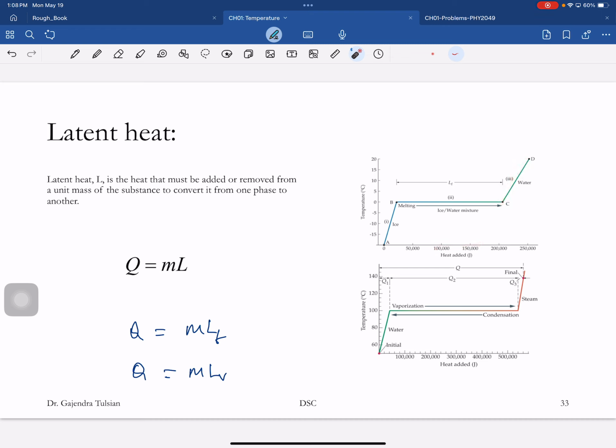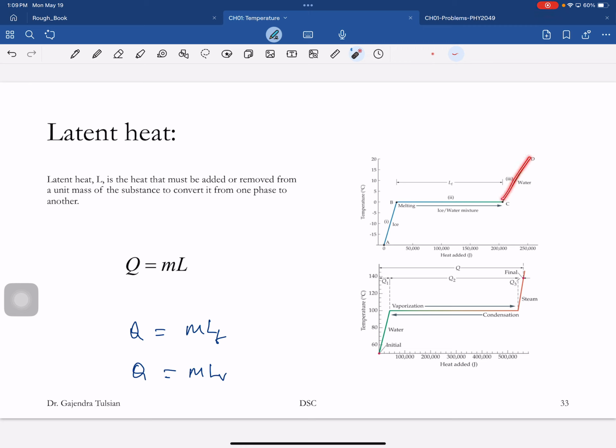So if you have an ice-water mixture and you add heat, it'll remain at 0 degrees Celsius. All the heat will go into melting the ice.